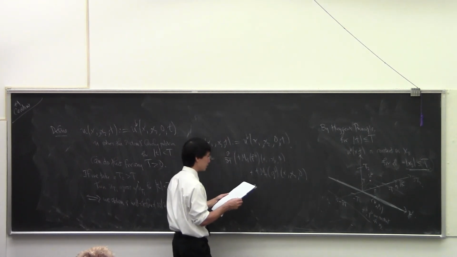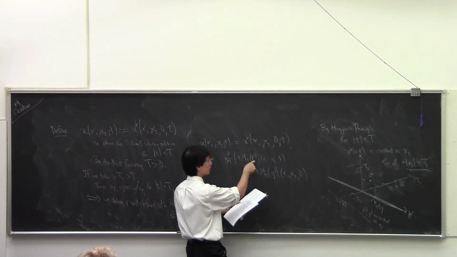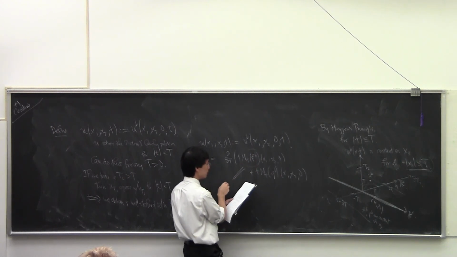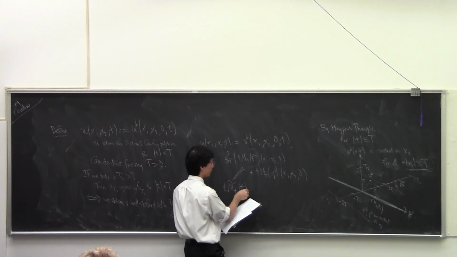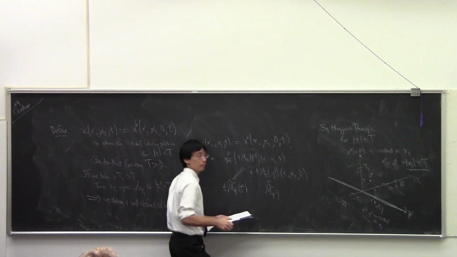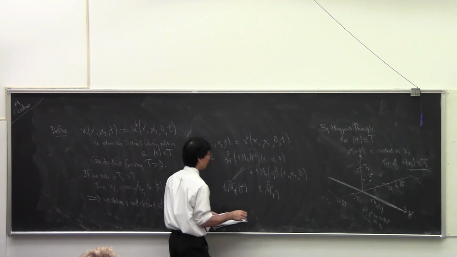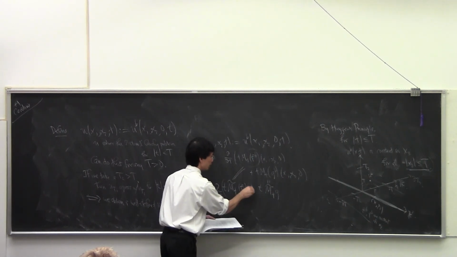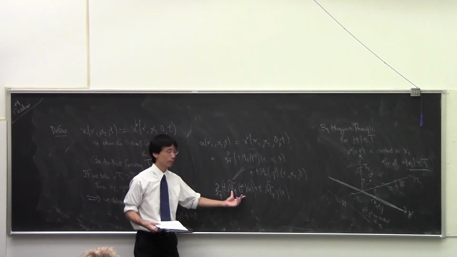So the only thing we need to show is that if you take a function that is constant in the third variable, then this turns into t M_t at f, and this turns into t M_t at g. And if we can do that, then we'll be done, because this is what we want to show.